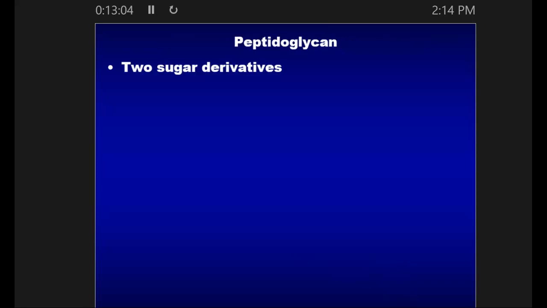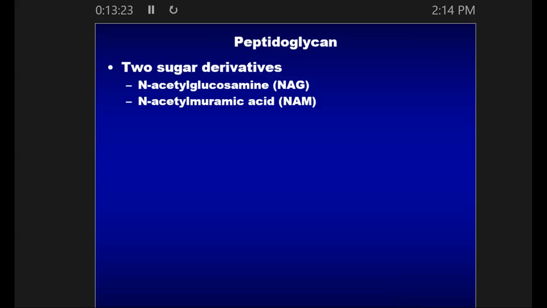So peptidoglycan, when you look at its chemical nature, is basically sugar bonded together in a very particular pattern. And so there are sugar derivatives, technically. One sugar derivative is N-acetylglucosamine, and the other one is N-acetylmuramic acid, which are both challenging to keep saying.